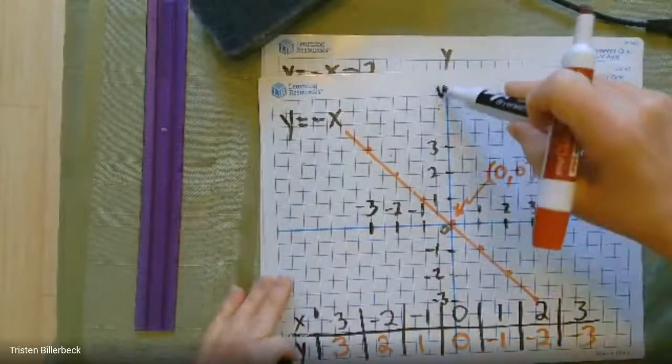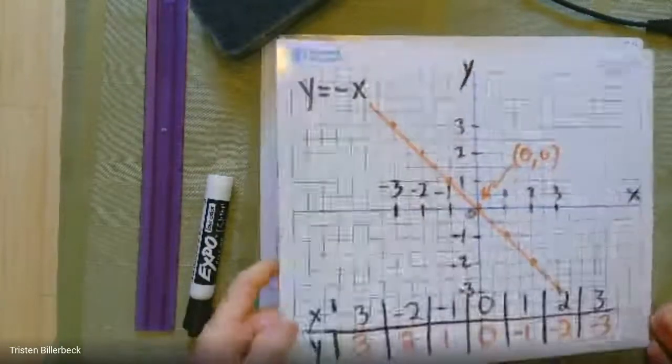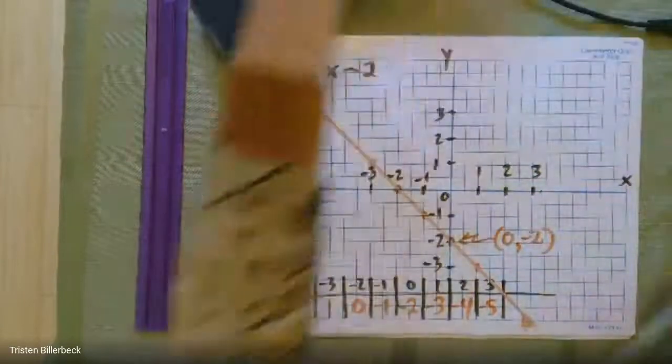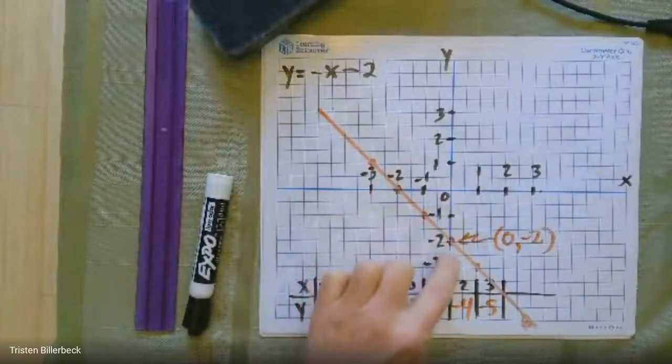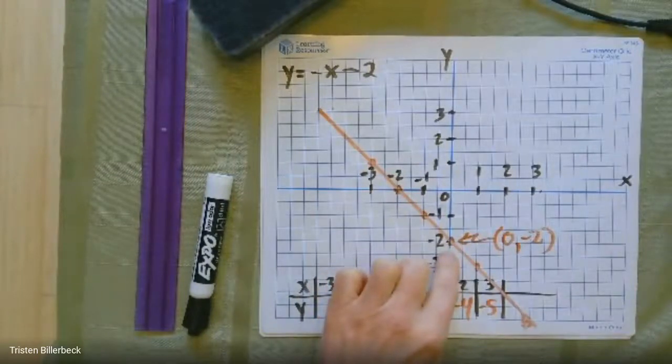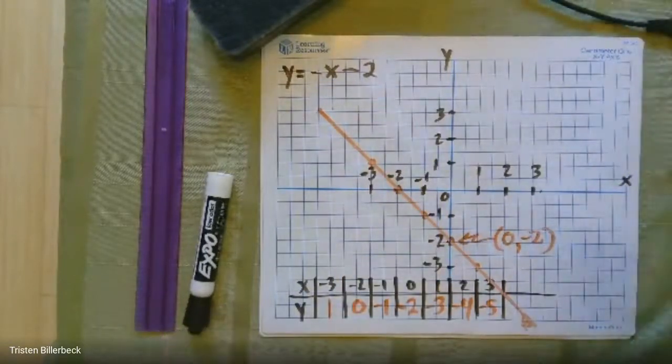It just got rubbed off a little. Okay, so we notice that this negative 2 shifted it down, so the y-intercept on the y-axis is negative 2. So we have a y-intercept now right here.